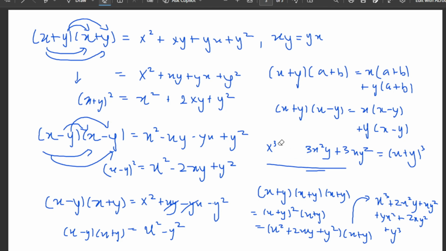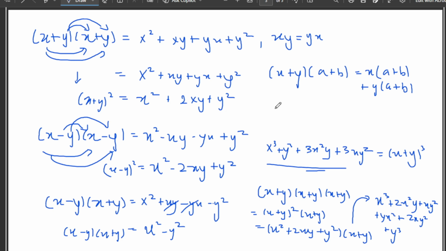There's another formula, which is the perfect cube. If you have a cube, the difference of cube, I mean, a cube minus b cube, it's the same thing as a minus b times a squared plus ab and plus b squared.